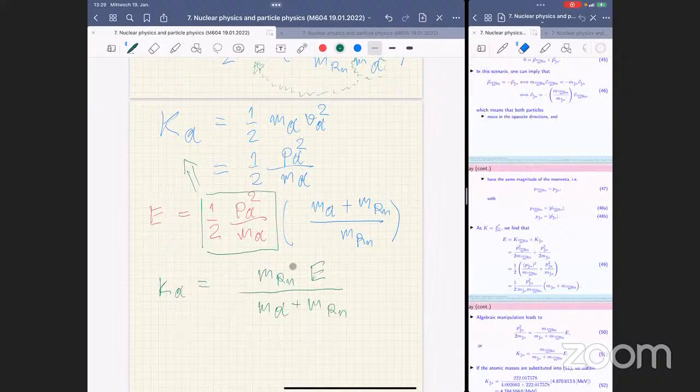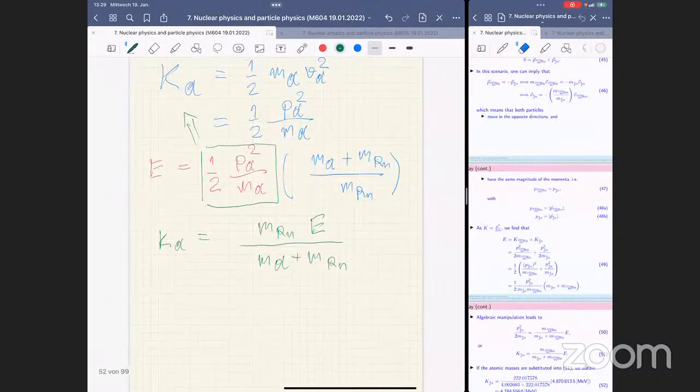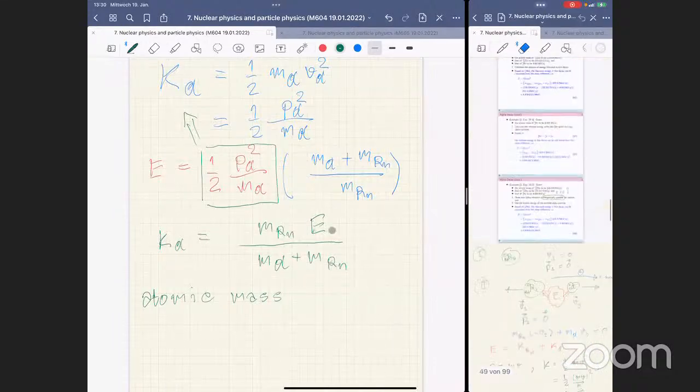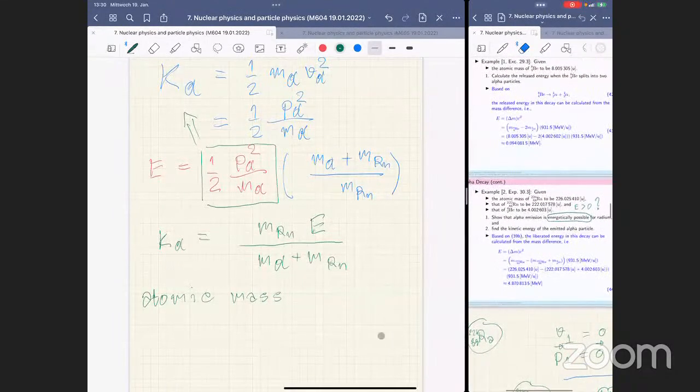Yes, of course, let's go further. There are two ways. The correct way is to use the atomic mass, which involves so many precise values: 226.025410 and 222.017578, and 4.002603.